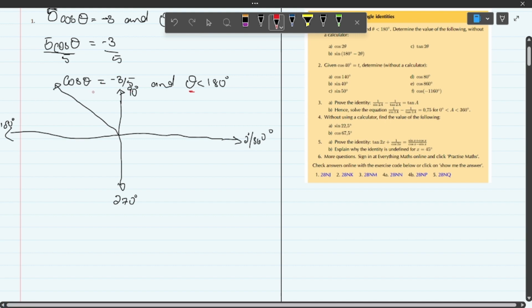The second information that we get is that cos, the trigonometric function cos theta, is negative in that quadrant, right?